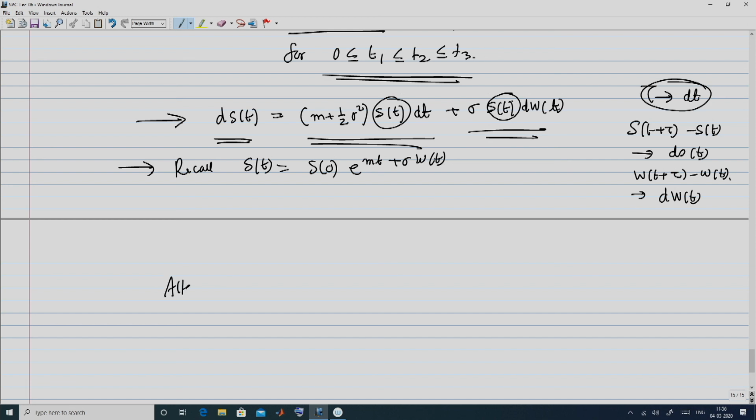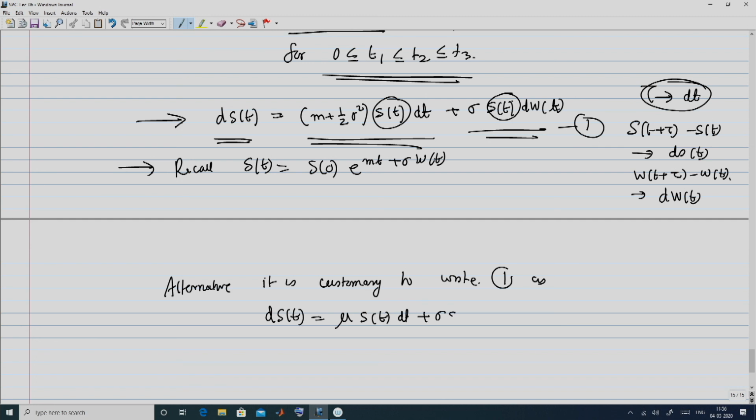So, alternatively, it is customary to write this, let me call this equation 1, as dS(t) is equal to mu S(t) dt plus sigma S(t) dW(t). Basically, I will use mu to replace m plus half sigma square.